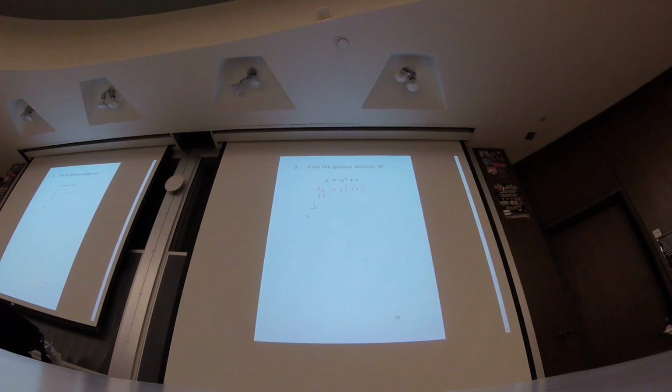So this says 1 over y squared plus 1 dy is x dx. So identify the equation as separable, separate the variables, and then integrate it. The integral of 1 over y squared plus 1 is what? Inverse tangent y. The integral of x is 1/2 x squared plus c. Here is the general solution.